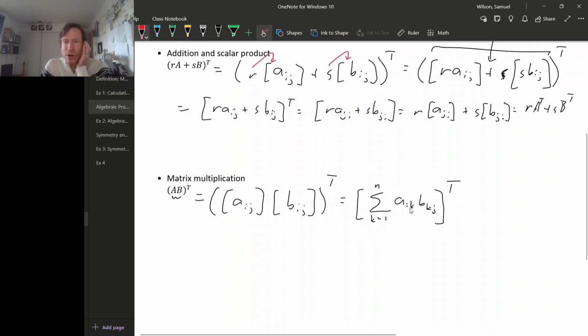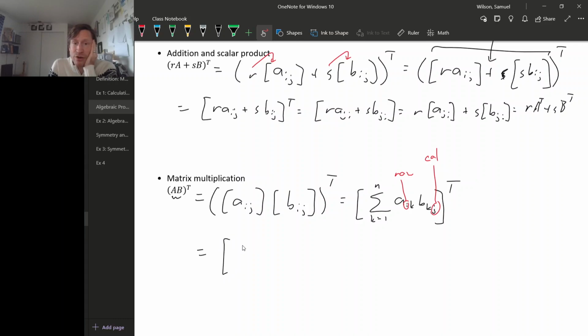And remember, in this formula for the entry of a matrix product, this i is the row index, and this j is the column index. So when we do the matrix product, it's the row and column indices that switch. So what we get is, the i and the j switch.